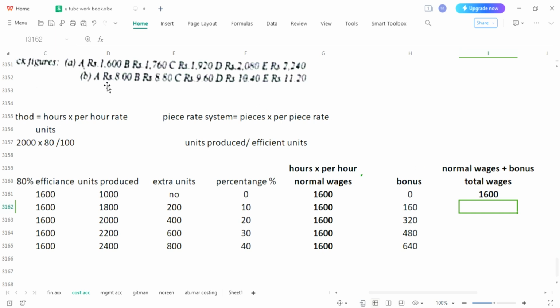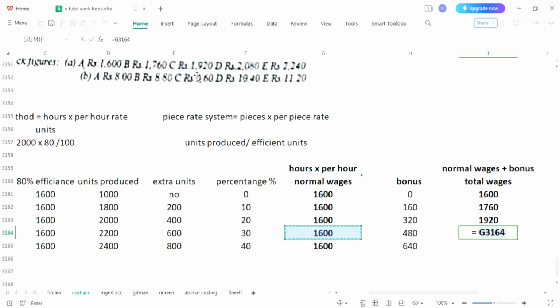You can see here A 1600 answer, and now you will calculate the second person: 1600 plus bonus 160 is 1760, and the second person's answer is present over here, 1760. Third, 1600 normal, bonus 320, and third answer you can see 1920.